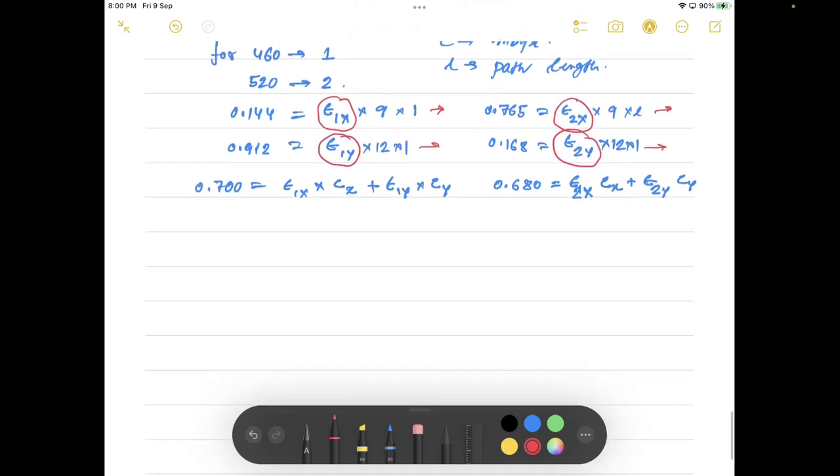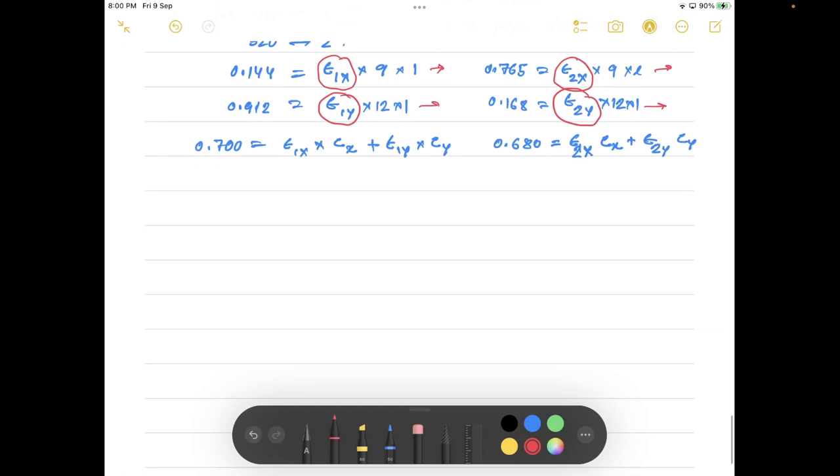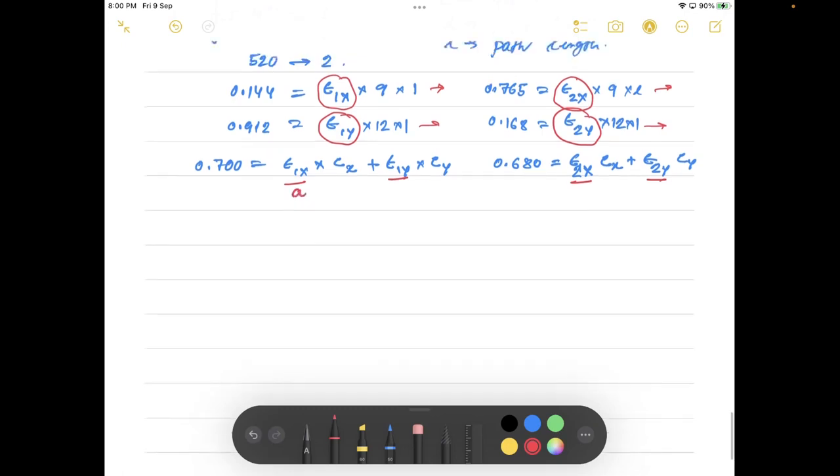If we get all these four epsilons, we can put these values here, since we know all of them. Let's say the value of epsilon 1x is A, which will be 0.144 divided by 9.